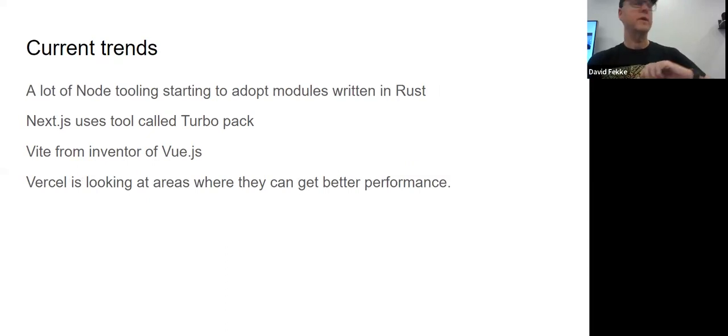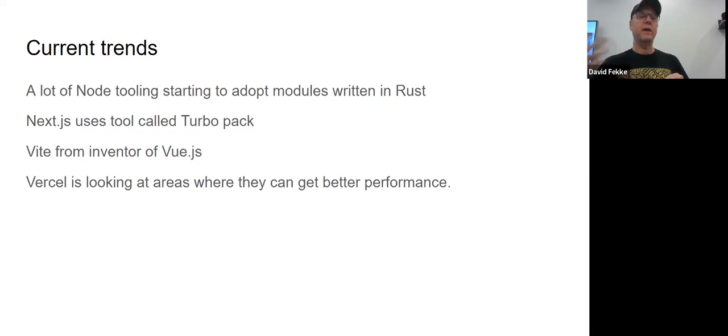So there's a lot of current trends that are happening right now. One of the trends that I'm seeing is that there's a lot of stuff that is being rewritten in Rust. And I don't know how familiar everybody here is with Rust, but one of the things is that Vercel with Next.js, they have a tool called TurboPack. They just started incorporating it.